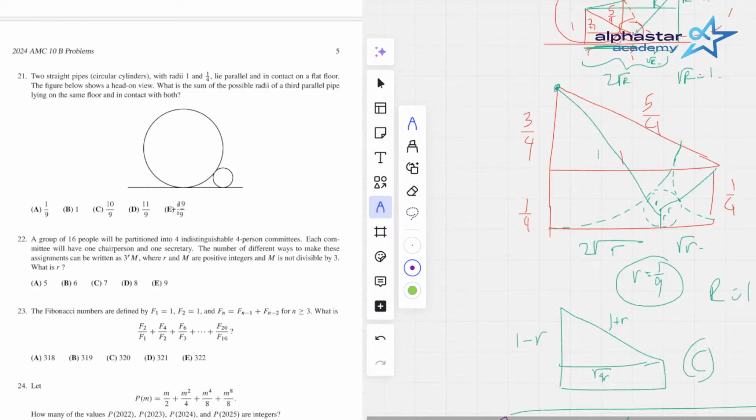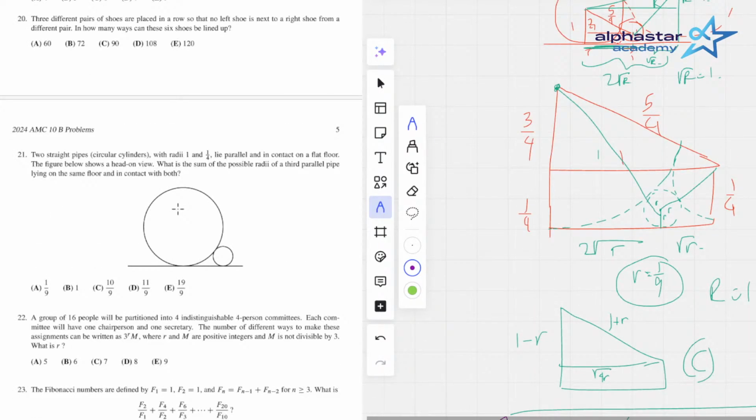Number 21, I'm gonna think long and hard about possible edge cases. Because if it's 1/9 and 1, I'm not entirely sure why, for example, D exists. That kind of suggests that there's another circle of radius 1/9 that can do this.